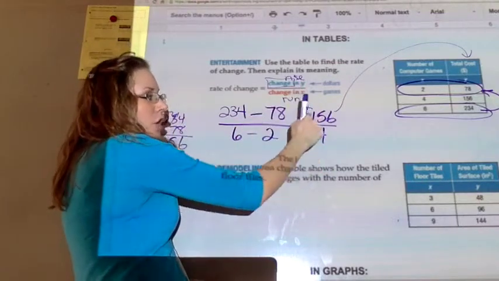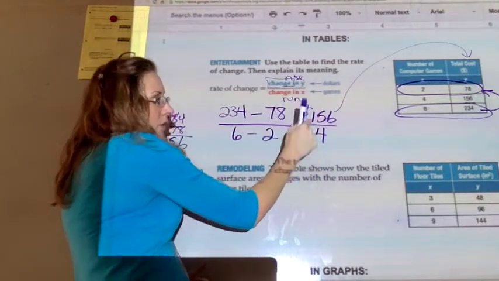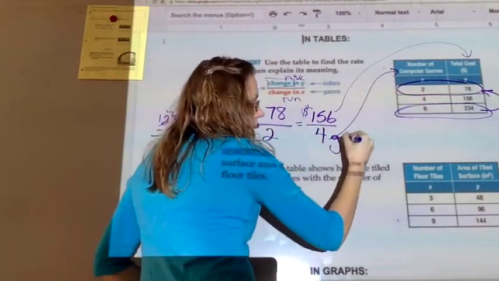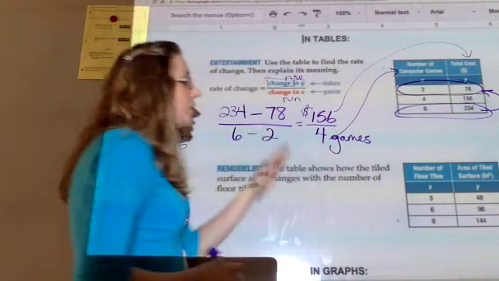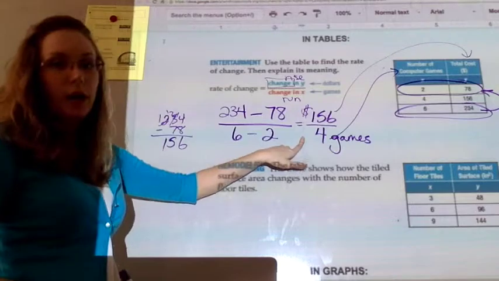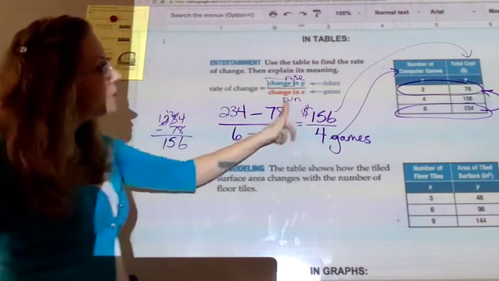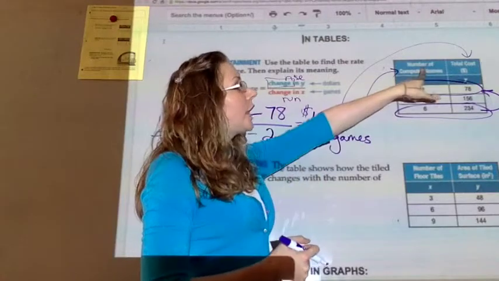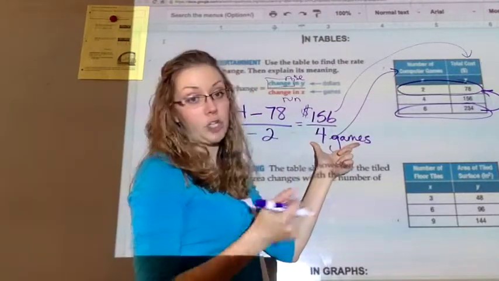Rise over run, change in y over change in x. So my x's are the number of computer games. So this slope means it's $156 for 4 games, okay? All we did was take our label for the y and apply it to our change in y. We took our label for the x and applied it to our change in x.